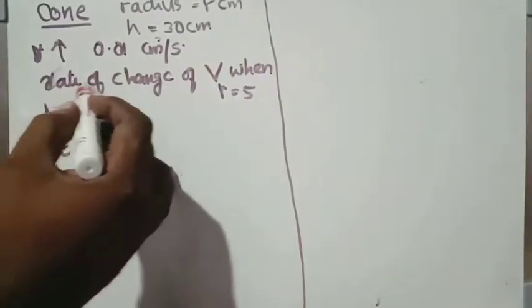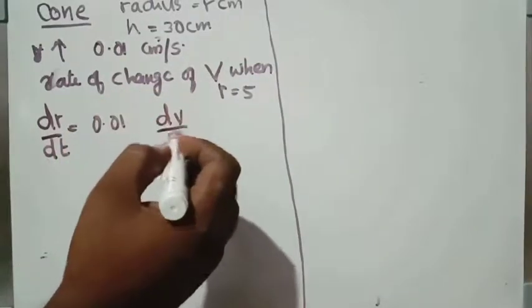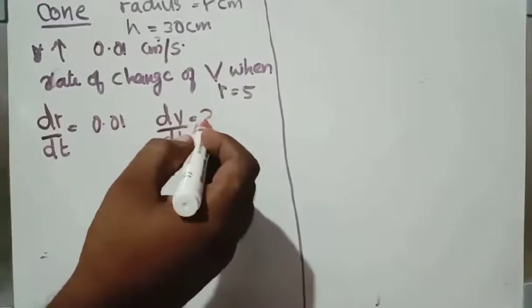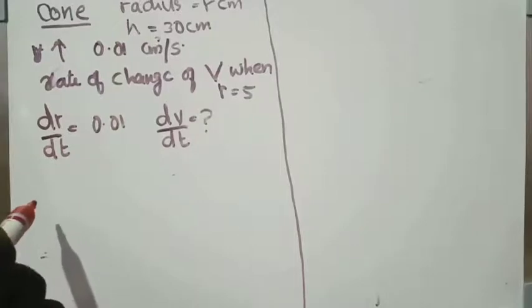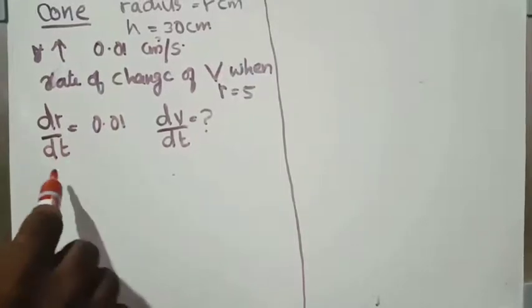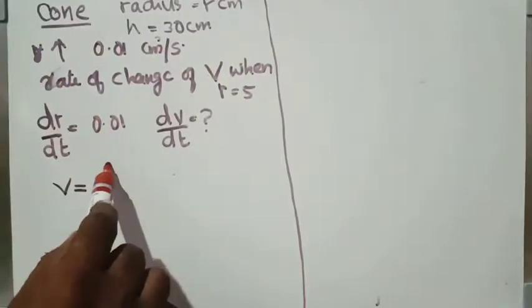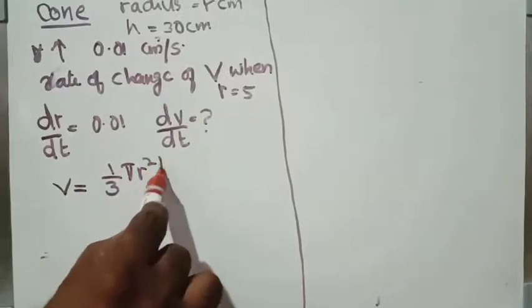We need the rate of change of volume. That means we want dV by dt, rate of change of volume. So for that, let us use the formula of volume. You know that volume of cone is 1 by 3 pi r squared h.